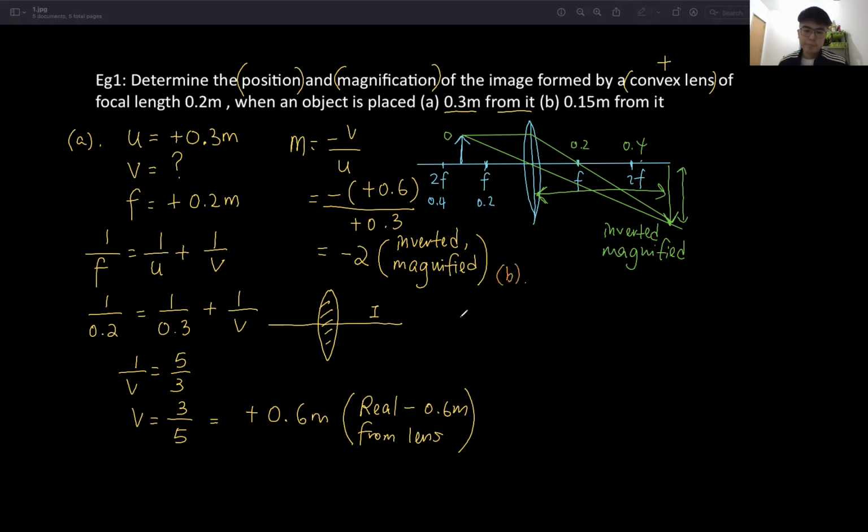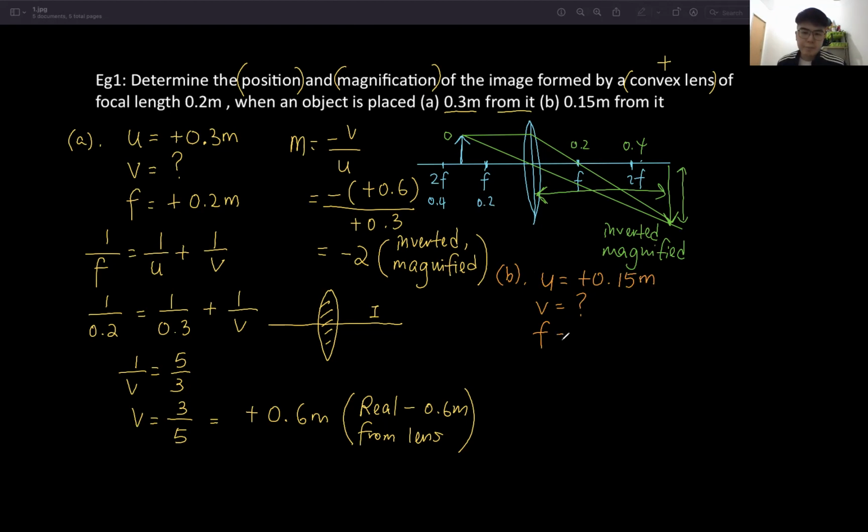B. Again, does my U change? No. U is positive 0.3. Again, I want to find V. Oh, sorry, my U changed. My U is 0.15 meter.